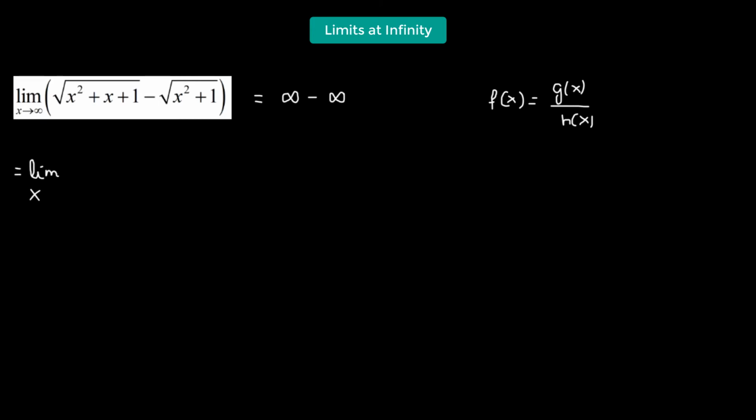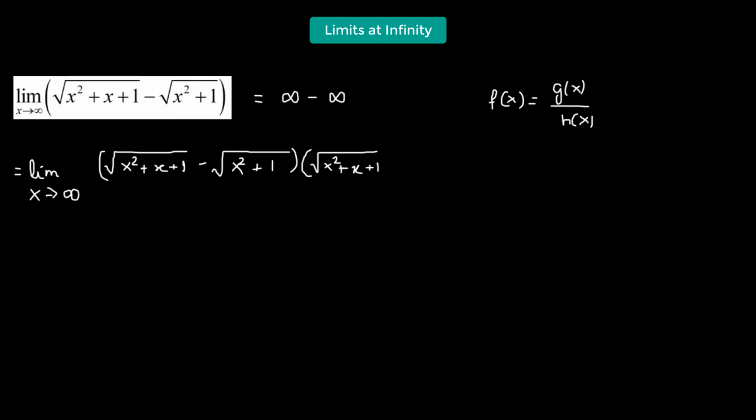So we have limit x going to infinity of the square root of x squared plus x plus 1 minus the square root of x squared plus 1. We're going to multiply it by its conjugate, which is the square root of x squared plus x plus 1 plus the square root of x squared plus 1.